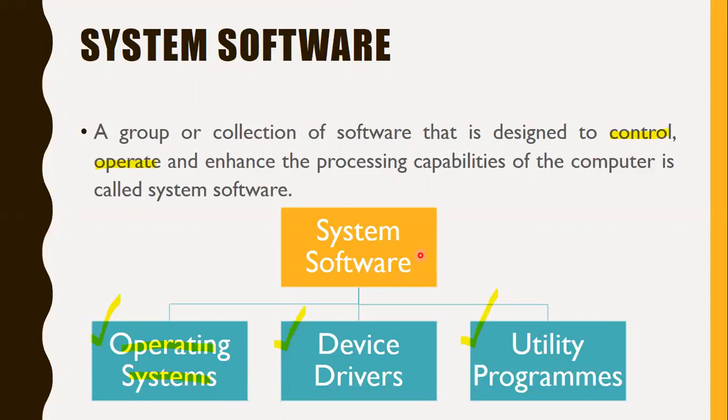If it is missing, we cannot even turn on our computer, and we won't be able to use the computer in an effective and efficient way. So it is a very basic and necessary type of software that should be installed in our computer. System software is further divided into three types: operating systems, device drivers, and utility programs.